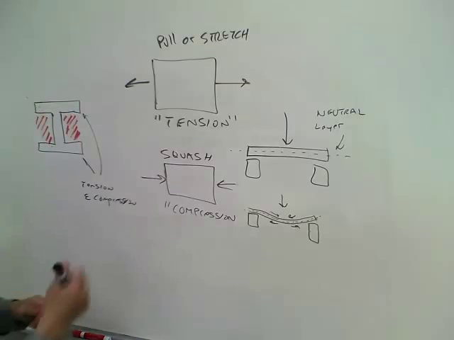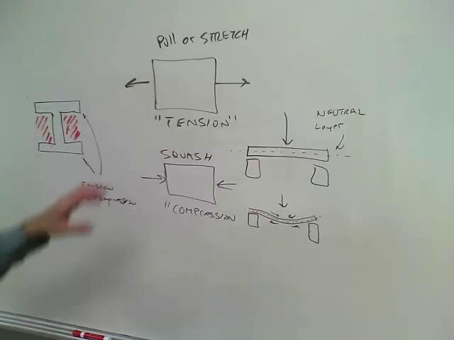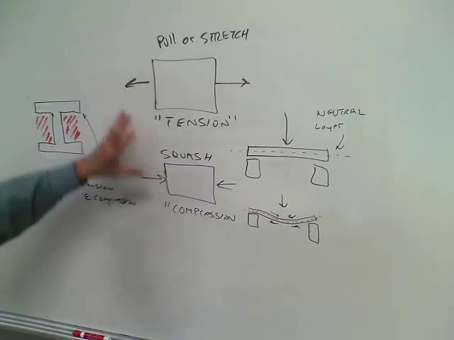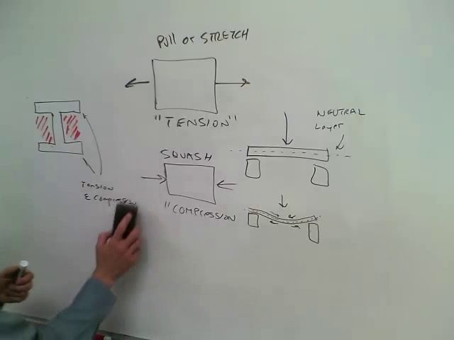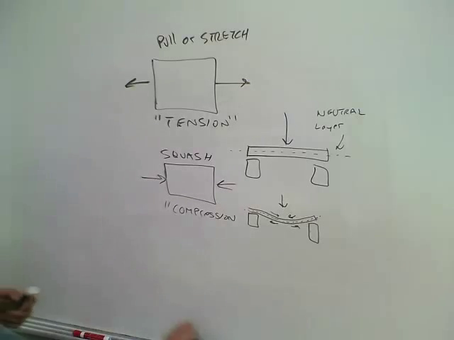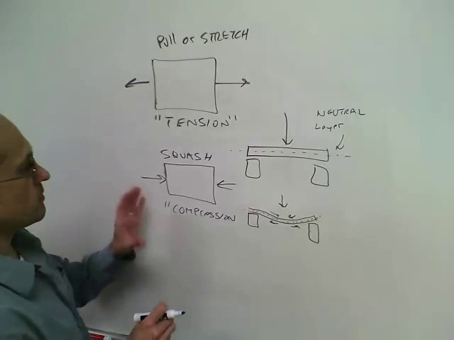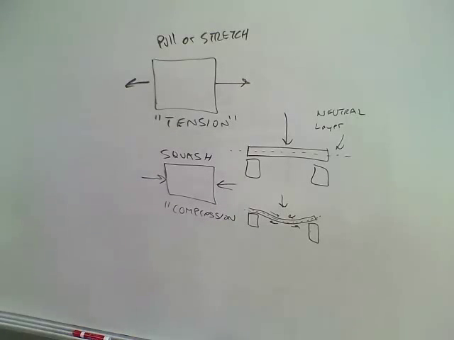Now, another part of tension and compression is that certain materials do better under one or the other. An example of something that does better under compression than tension is stone blocks. Not that they do better, but they can take a much larger compressive force than they can a tension force.